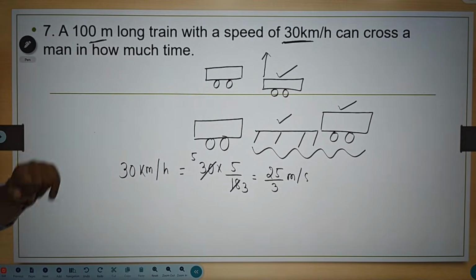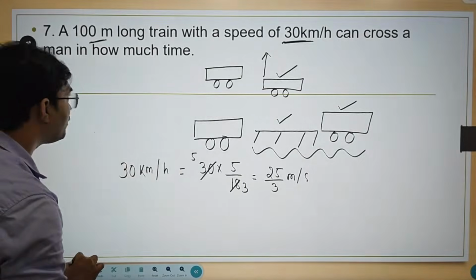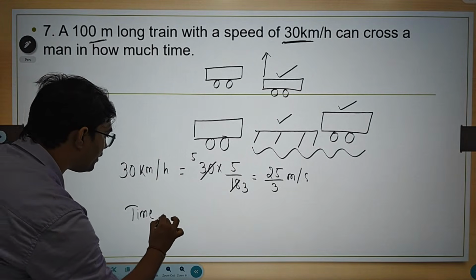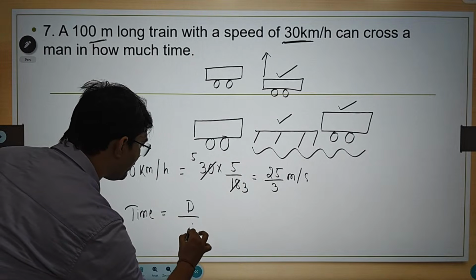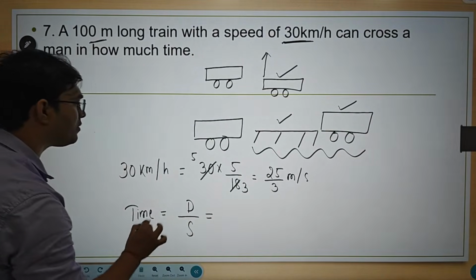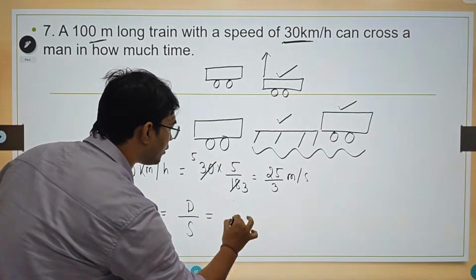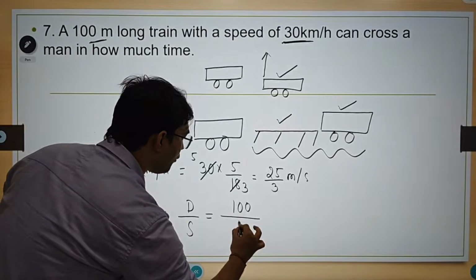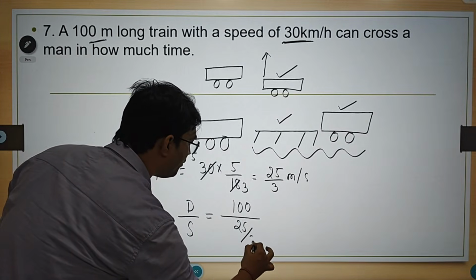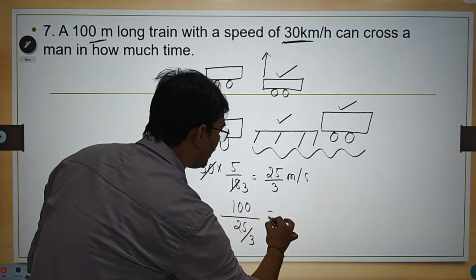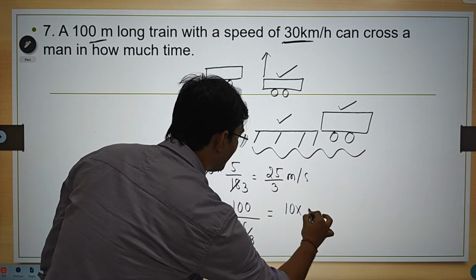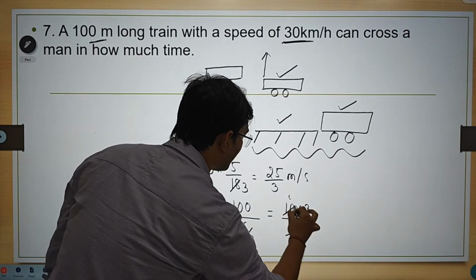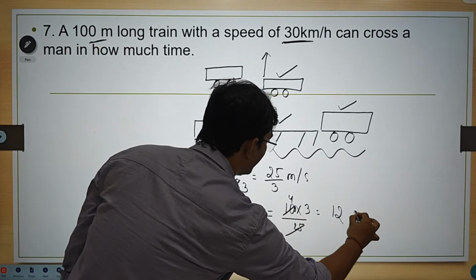Train is crossing a man means the train is crossing itself. So the time will be equal to distance by speed. Train is crossing itself means the distance will be equal to the length of the train, which is 100 meters, divided by the speed, 25 by 3 meters per second, which is 100 into 3 divided by 25. 25 fours are 100, so 4 into 3 is 12 seconds.